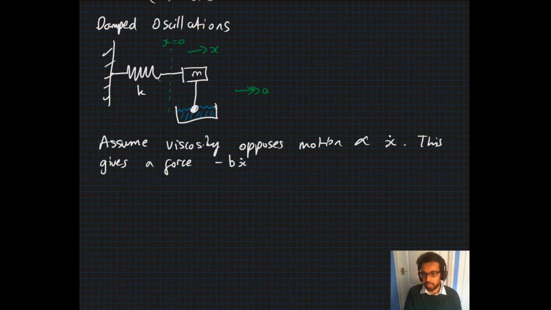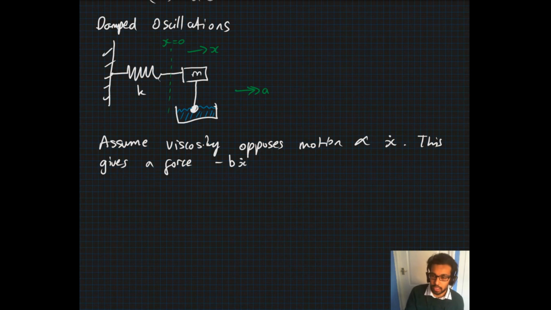So you can think of that as the viscosity of the fluid that this mass is submerged in. And of course, the more viscous the fluid, so think of a really thick liquid like honey or treacle, then this constant b would be much bigger than for a less viscous fluid. So the negative sign is because it always acts against the motion.